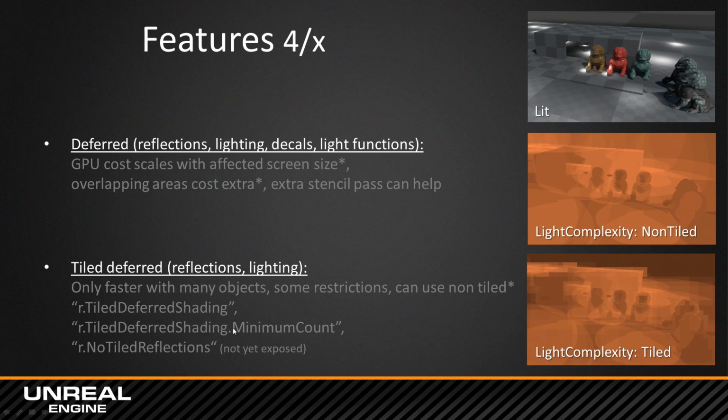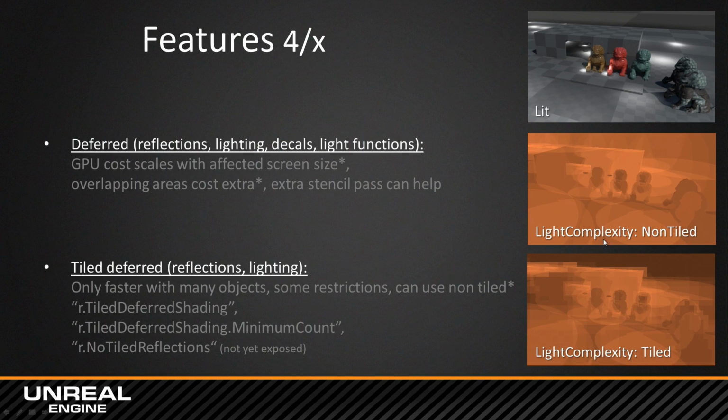We actually have a threshold here, our tiled deferred shading minimum count, that defines when we start using that tile technique. It's a high number, but that's something we really want to improve on. We want to make that threshold a little bit better, to say clearly when which technique is better, and maybe ideally always use the tile technique, because we have to maintain two techniques, and there are different performance characteristics, especially when you switch, and that's not ideal.